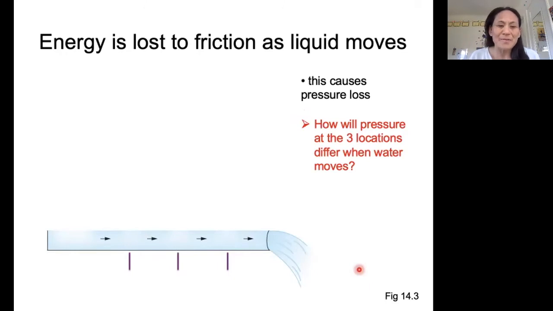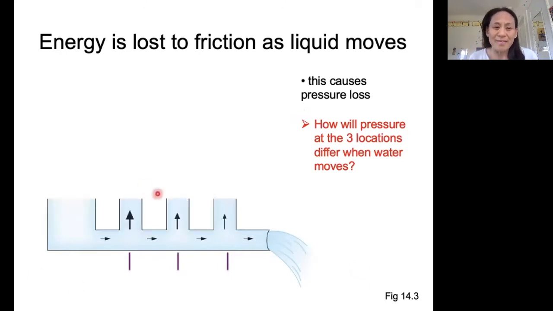Okay, so you probably saw this, but hopefully it also makes sense to you that you're going to have less pressure as you go down here, right? So basically what's happening is you have water starting here. It's going to have a certain amount of pressure. As it moves to this location, it will have lost a little bit of pressure. And then as it moves to this location, it will have lost even more pressure.